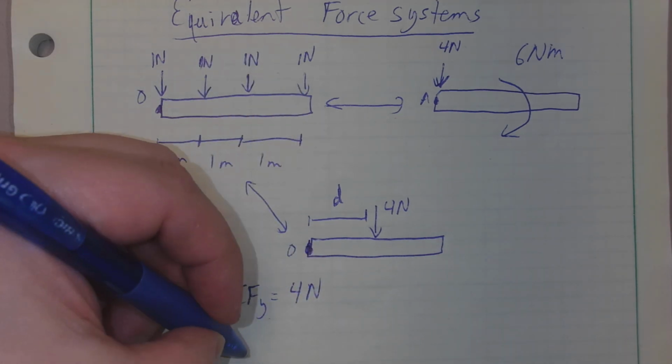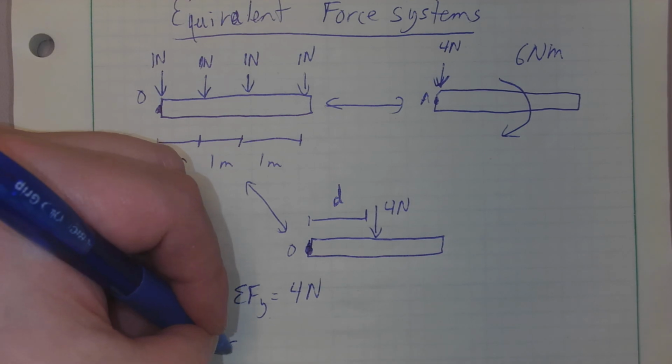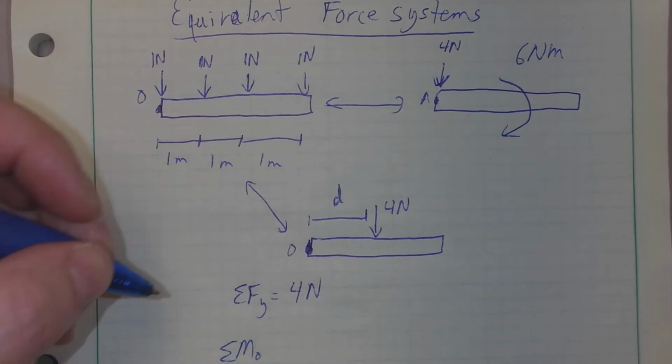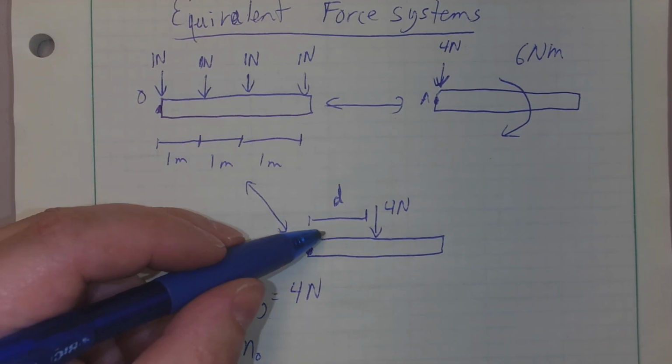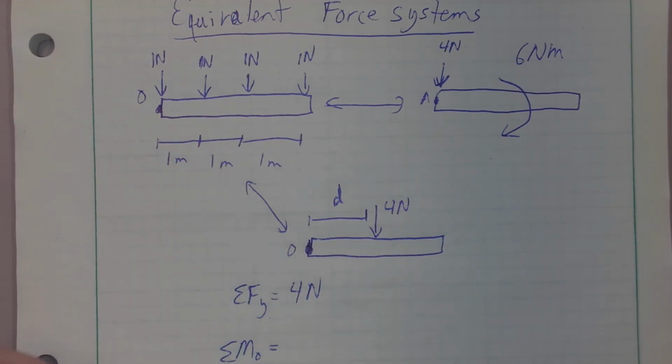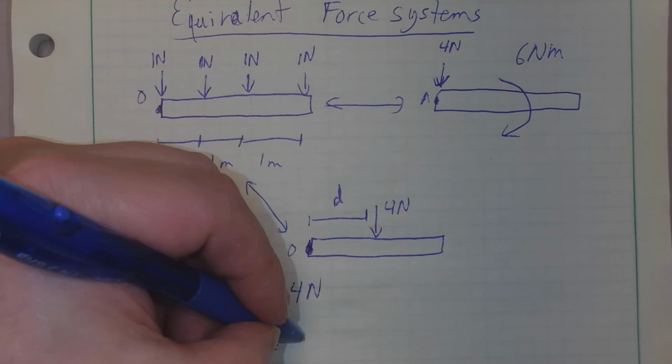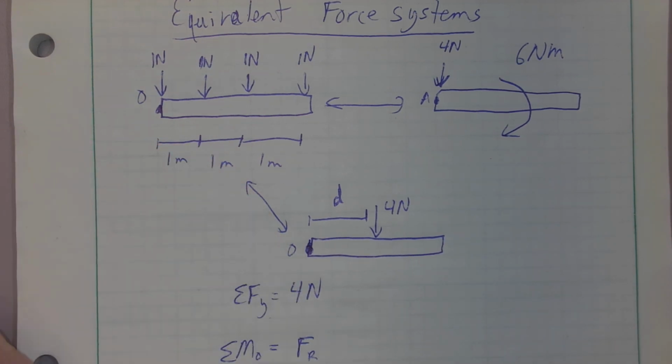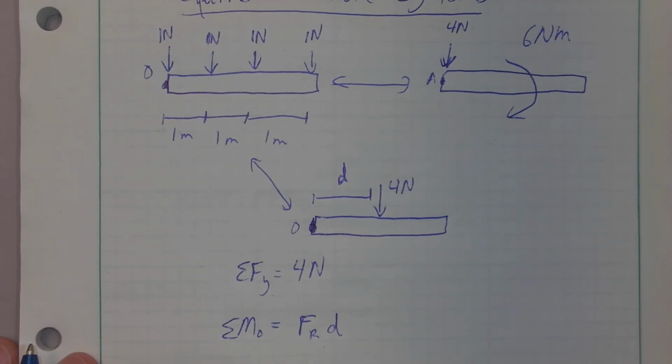Right? And the way you would find that is you would take the sum of moments about whatever point you're measuring relative to, so I'm measuring relative to point O there, and that's going to equal the resultant force multiplied by its perpendicular distance, d.